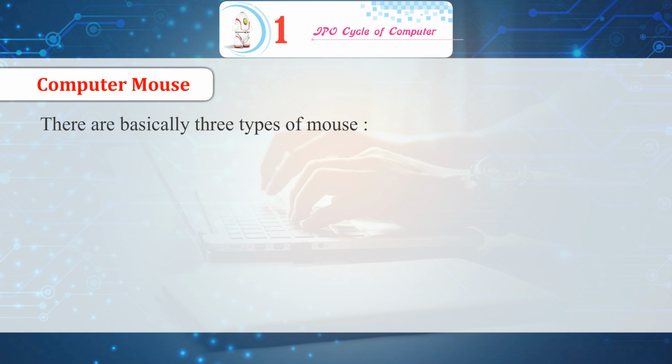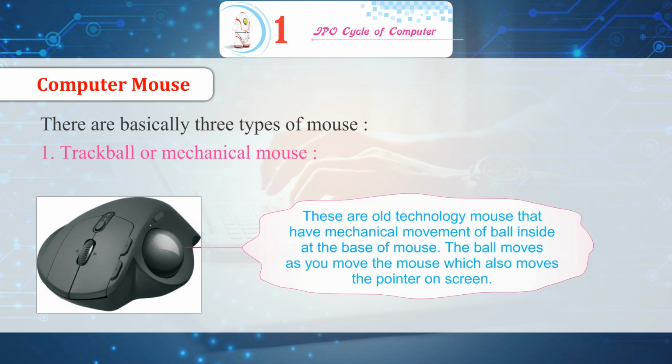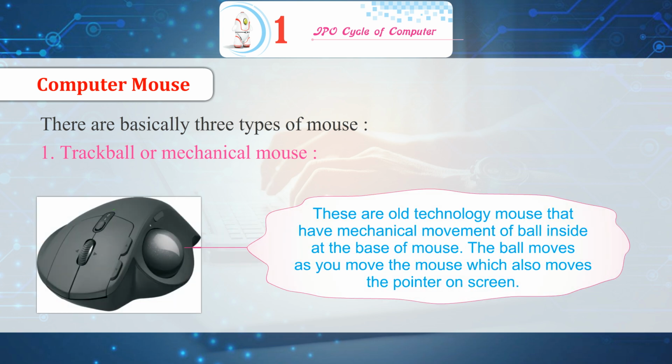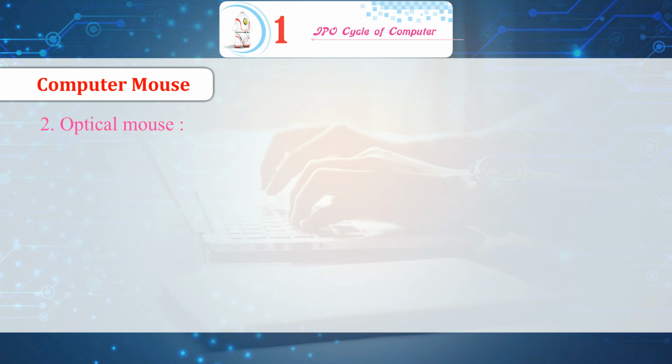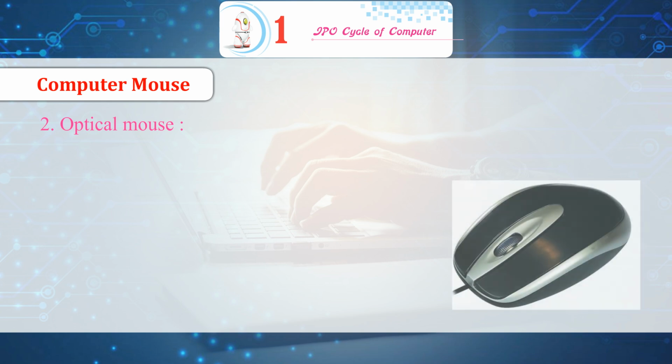There are basically 3 types of mouse. 1. Trackball or mechanical mouse. These are old technology mice that have a mechanical ball inside at the base of the mouse. The ball moves as you move the mouse, which also moves the pointer on screen. 2. Optical mouse.